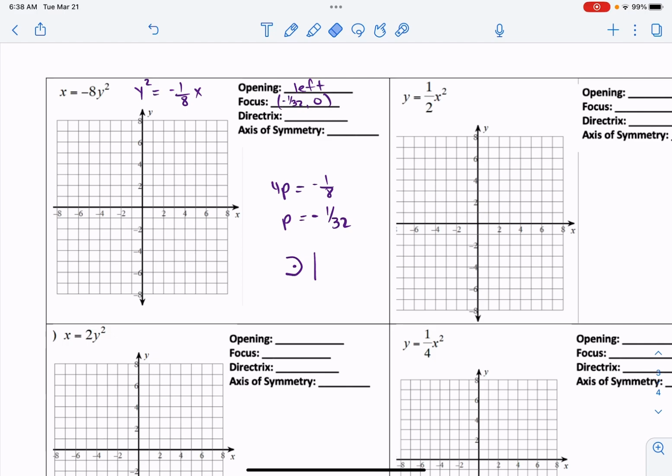Now the directrix is vertical, so that means x is equal to the opposite, which is 1/32. The axis of symmetry is going to be horizontal, so that would be y equals 0.